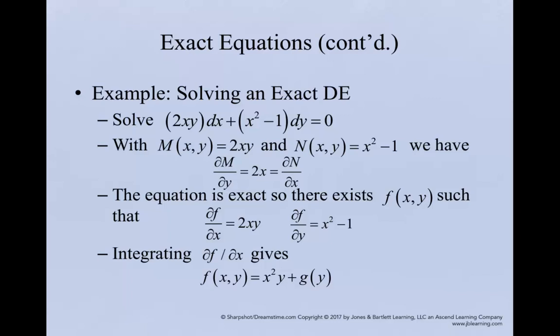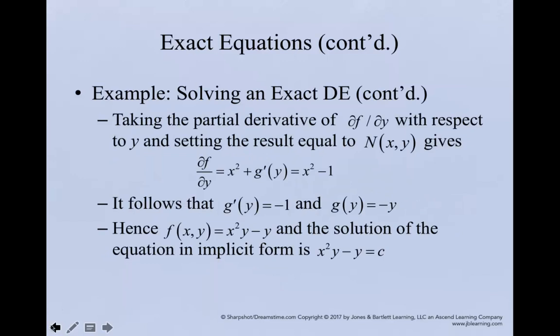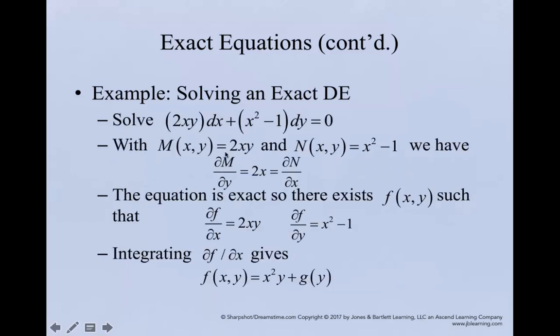Just to remind you what a partial derivative is: on M here we have 2xy, and we have two variables in this equation, x and y. A partial with respect to y means we take the derivative of this expression with respect to y only. Even though it's a function of x, too, we're going to treat x as a constant when we take a partial derivative.